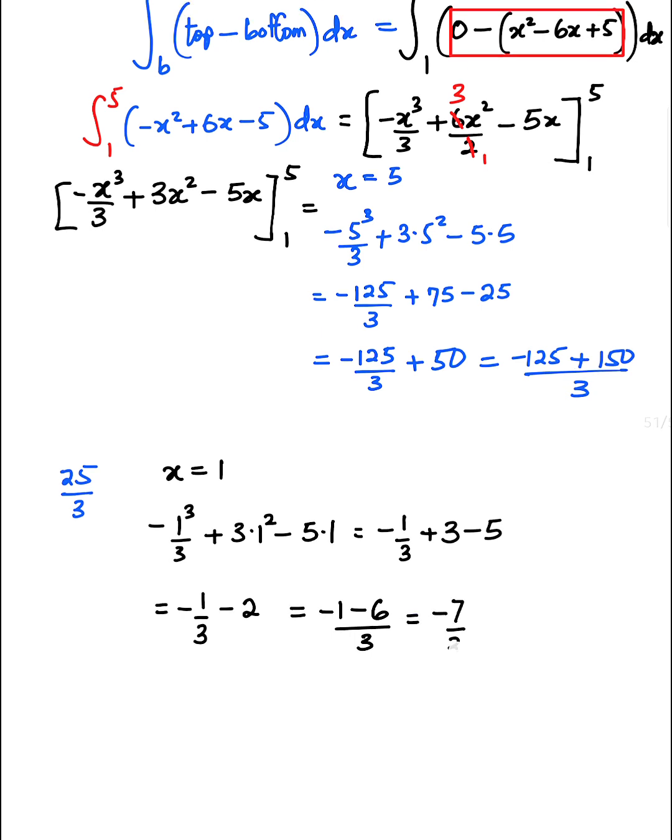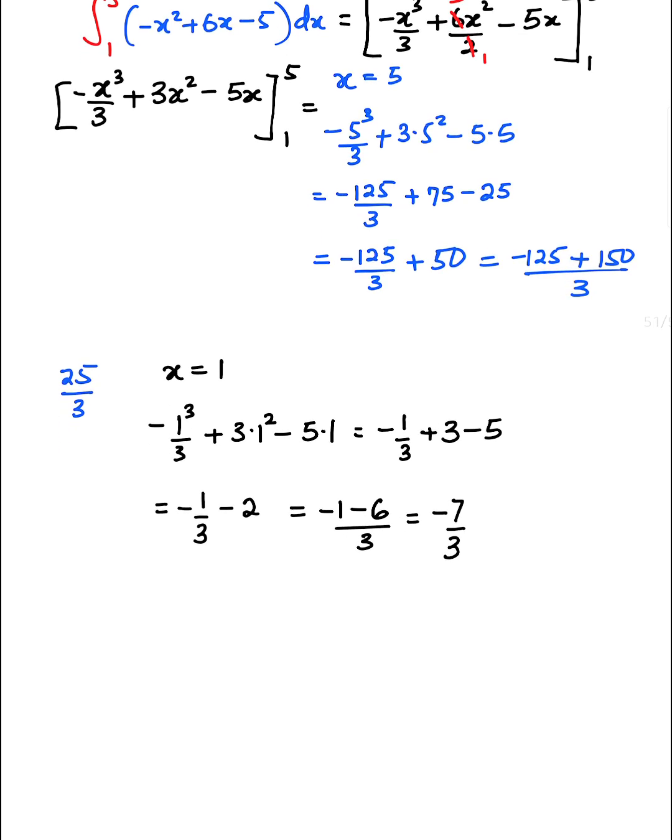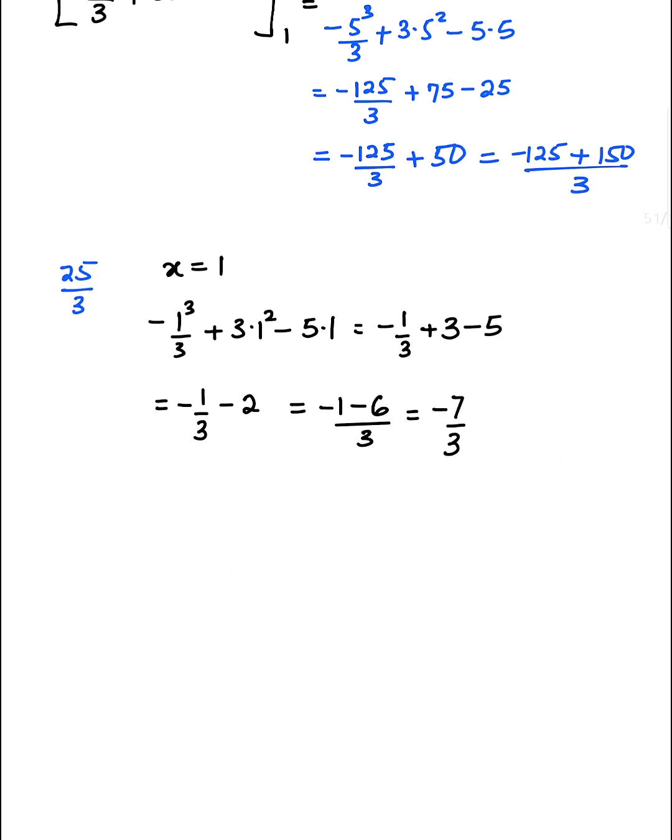This gives us negative 7 over 3. So the next thing we need to do now is to subtract the value of the lower boundary from the upper boundary. So here we have 25 all over 3 minus negative 7 over 3.